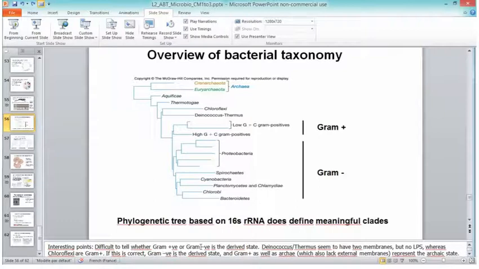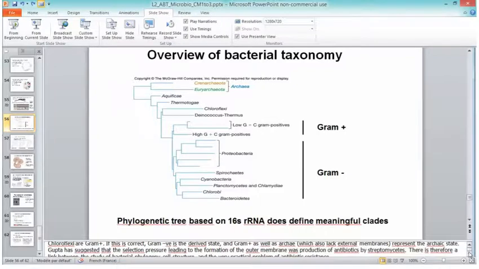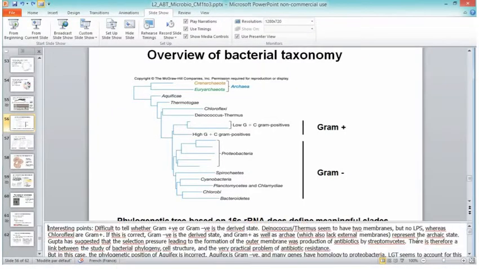Okay, so Deinococcus-Thermus here seems to have two membranes, but no LPS. Chloroflexi, gram-positive. But Aquifex is gram-negative. Okay?